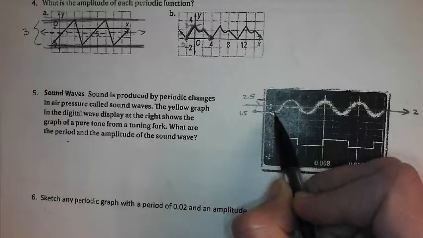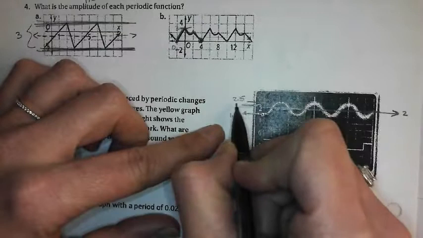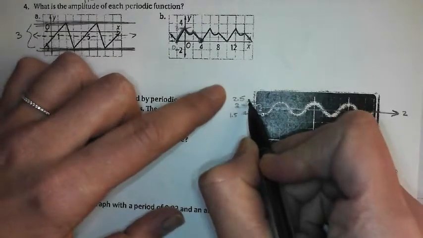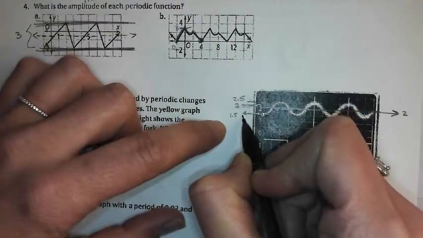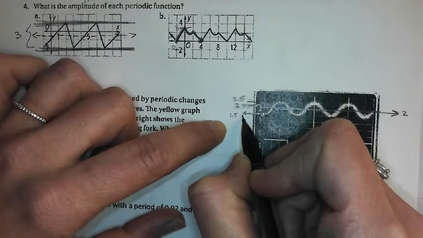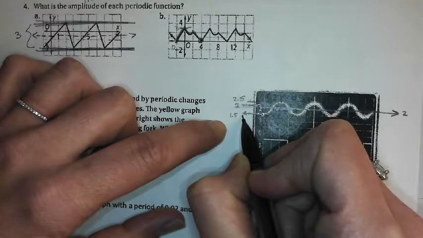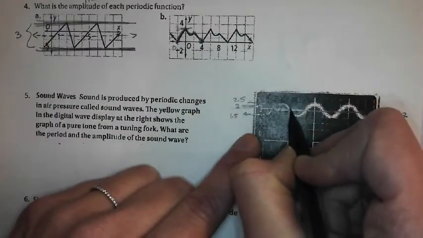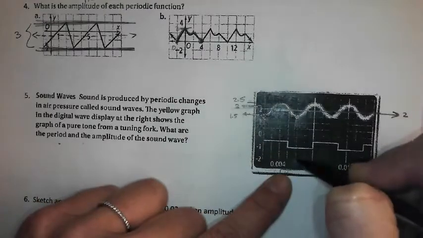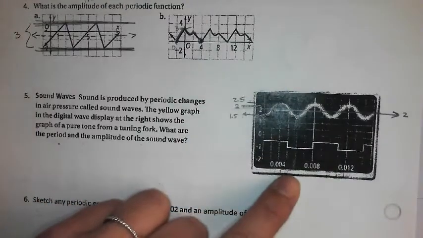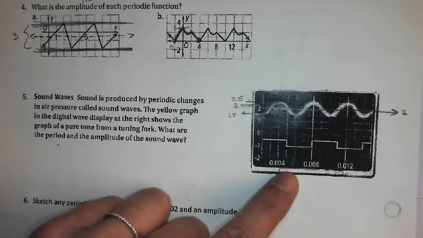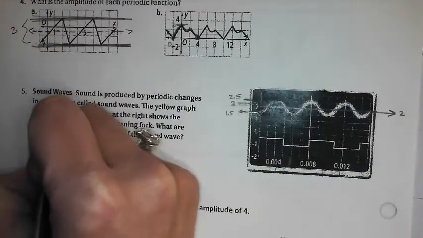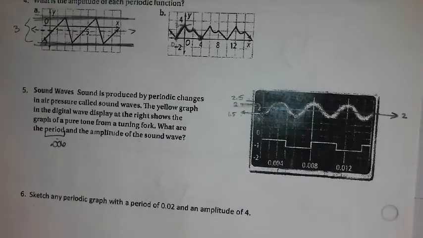Andrew? The amplitude is not 1. My midline is at 2. My max is at 2.5, which is 0.5 units above, and my minimum is 0.5 units below. So the amplitude is 0.5. Okay? And my period starts at 0 if I go with that cycle, ends at, what's that? 0.006, right? 0.006 seconds. So make sure you're paying attention to your scales, how the x and y axis are scaled.